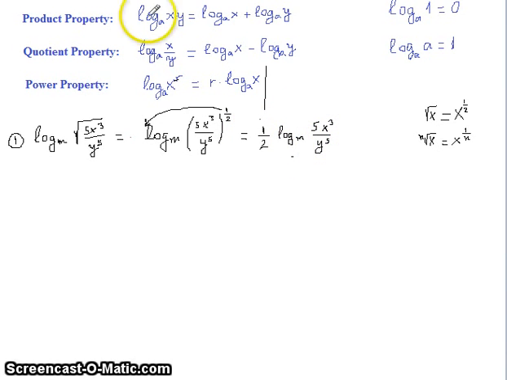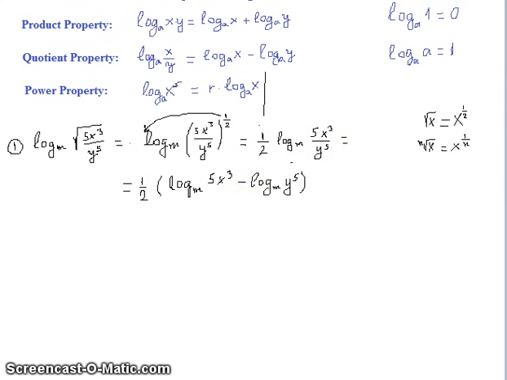Now we have a logarithm of a quotient, so we can apply the quotient property, and we can express this single logarithm as a difference of two logarithms. But we don't have to forget that there's a factor in front of this single logarithm, so we have to open parentheses to write this difference. So we get log of 5x to the third minus log of y to the fifth.